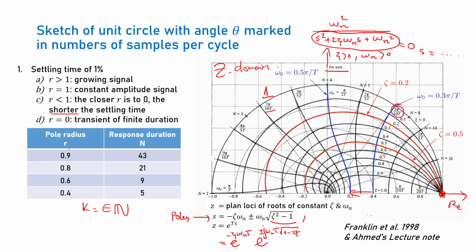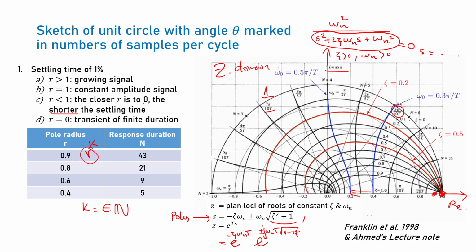So look here, if the pole radius r is close to 1, which means around here, then the response duration or the settling time is long, okay? Because r power k dies slowly, not fast, because r is close to 1.